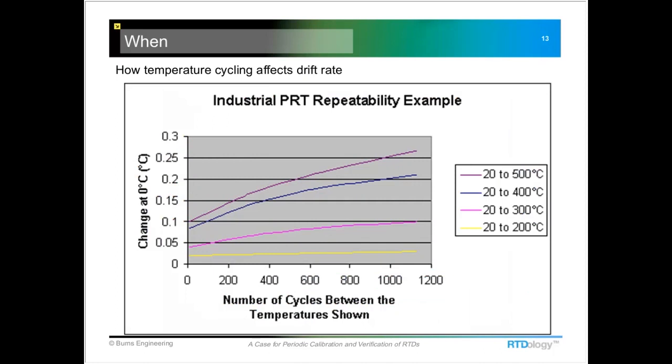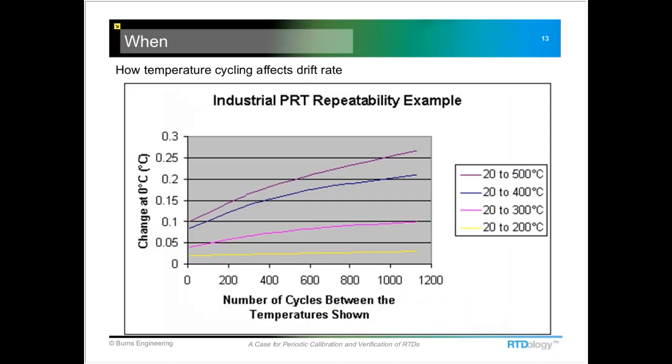Now, if we're cycling temperature back and forth, the repeatability of the probe comes into play as a potential error source here. And that's also going to come into play into how you set your frequency of calibration.